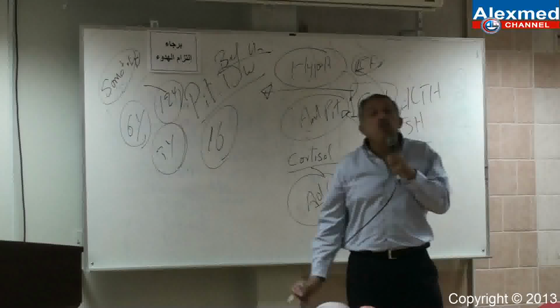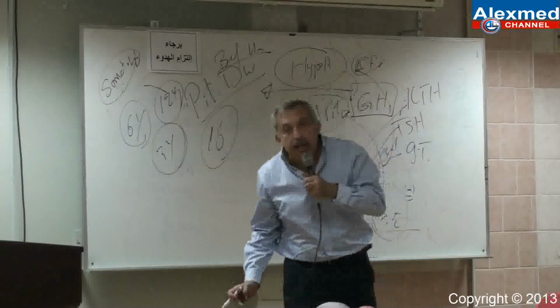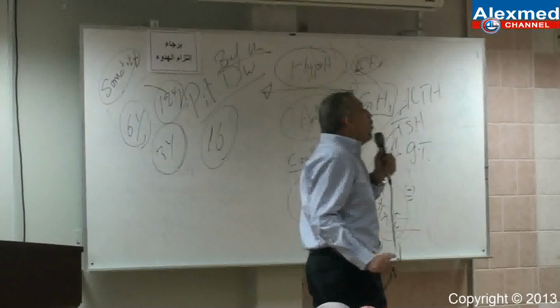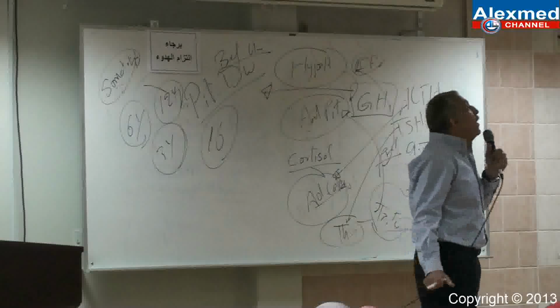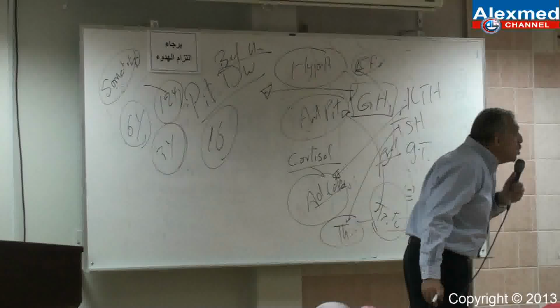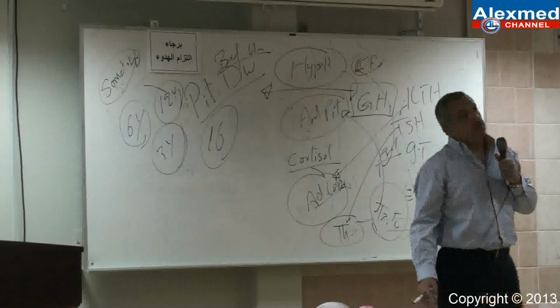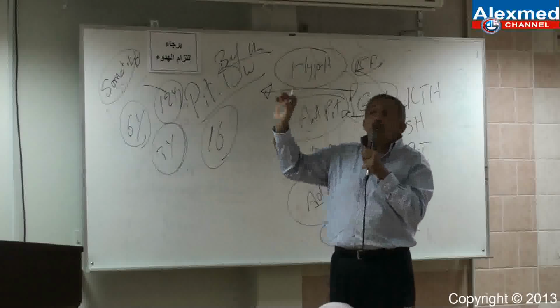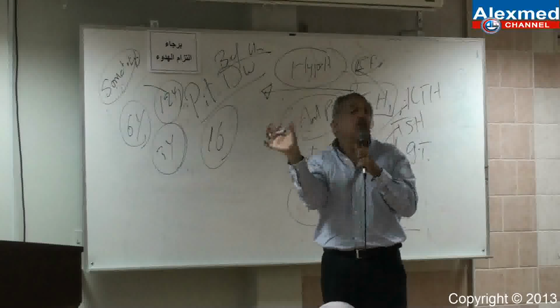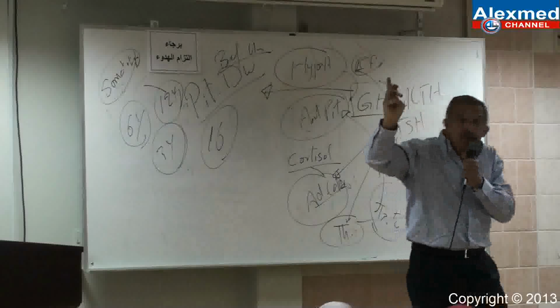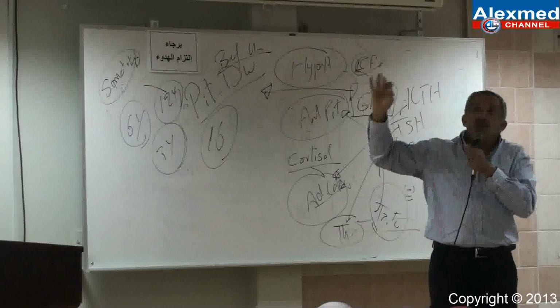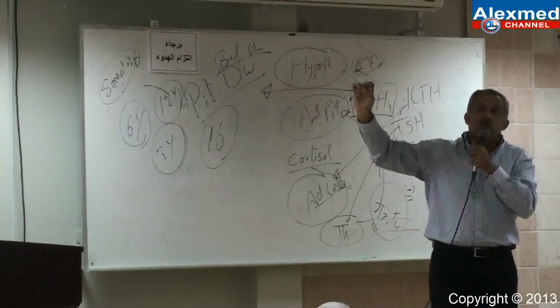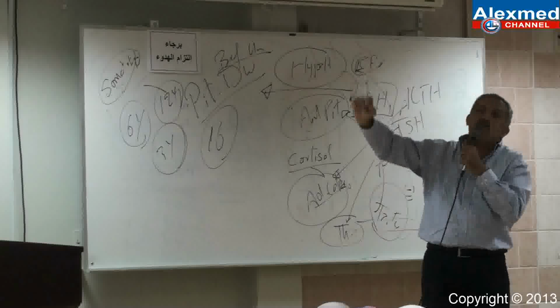I cannot use any animal preparation in relation to growth hormone. Why? Because growth hormone here is species specific. So this is the full data about using growth hormone in what disease, which type, from where the source, and the time of administration.